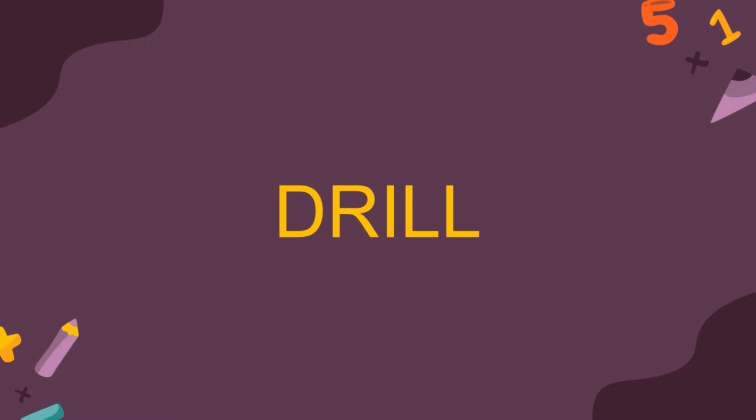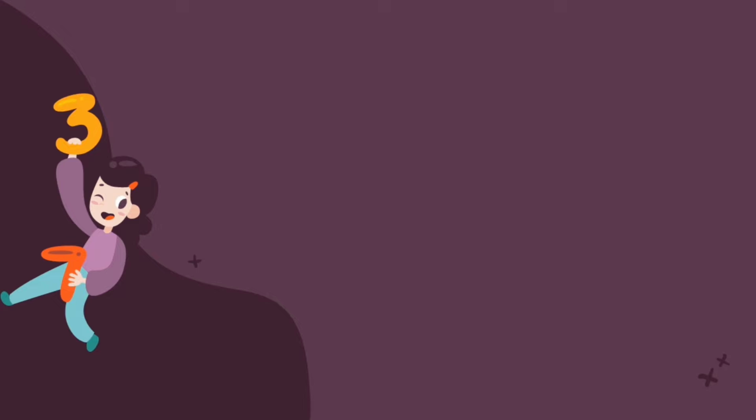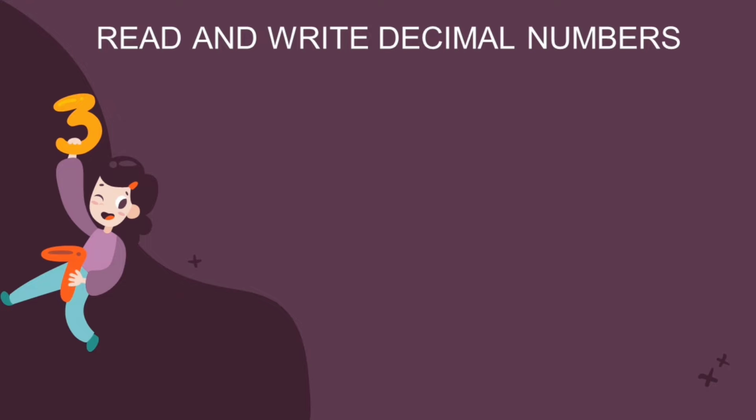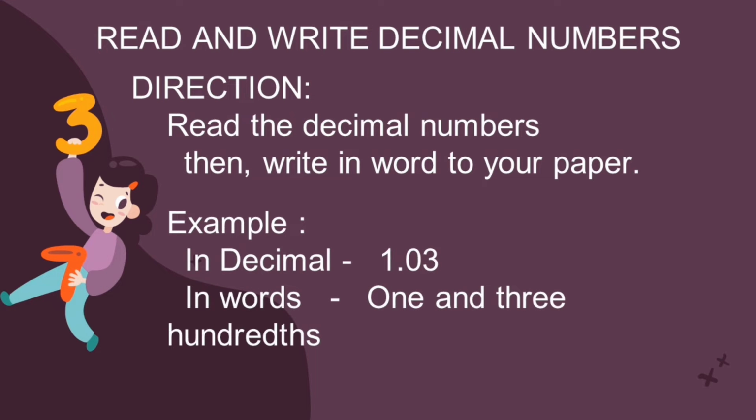I know you are so excited to start with our new lesson, but before that, let's have first a drill. Read and write decimal numbers. Direction: Read the decimal numbers, then write in words on your paper. For example, in decimal 1.03, in words 1 and 3 hundredths.